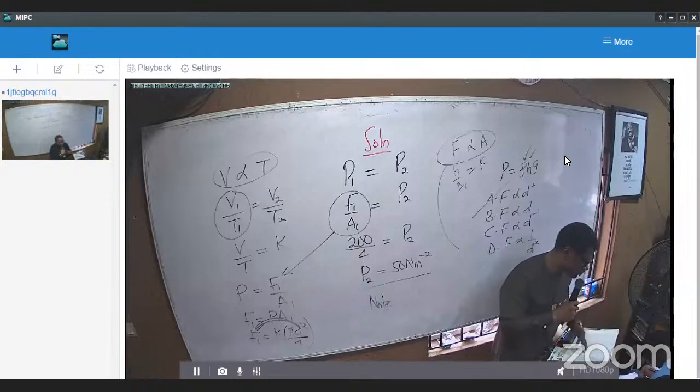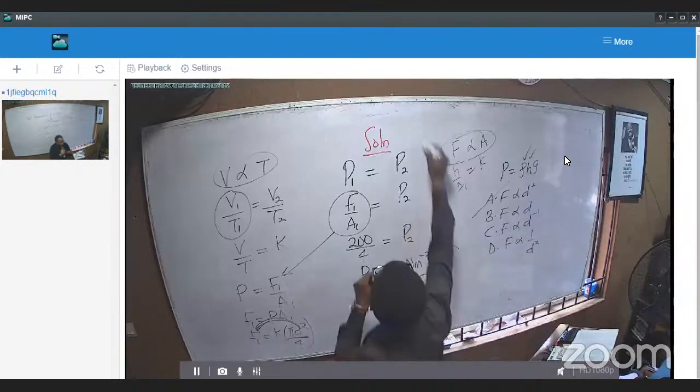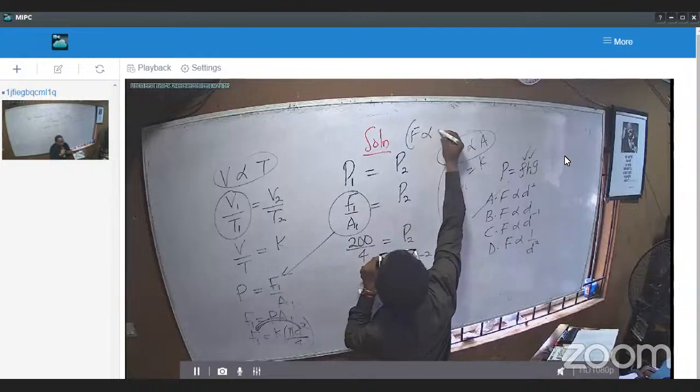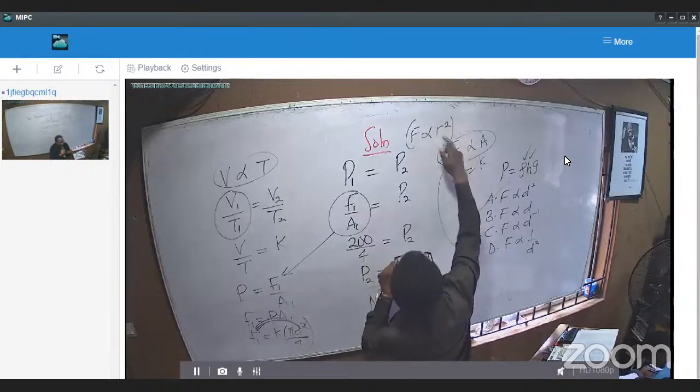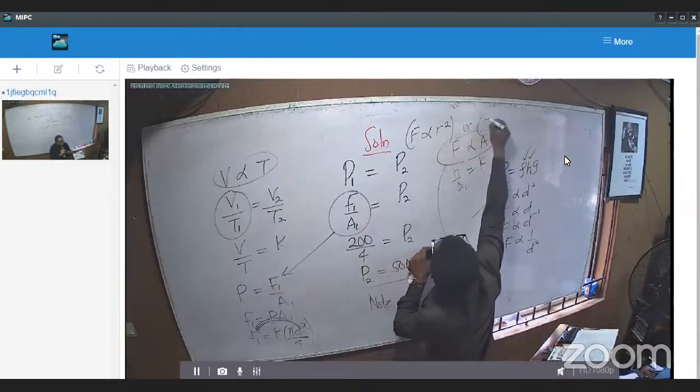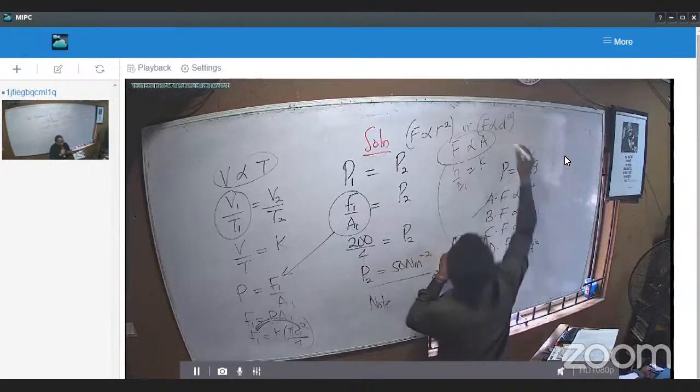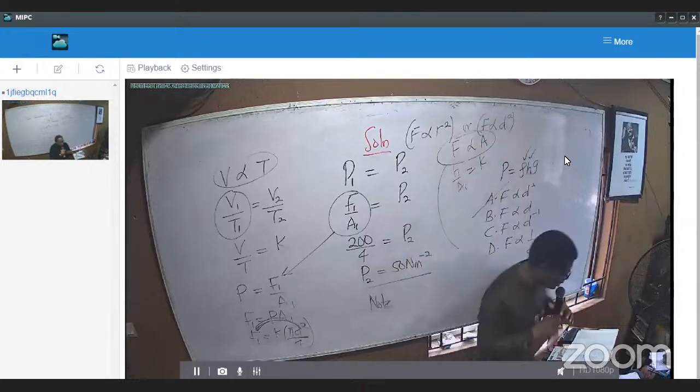Let's put that in brackets: that is F proportional to R squared, that's radius, or F proportional to D squared. So that's another way of writing Pascal's law.